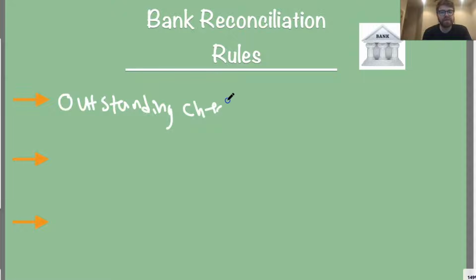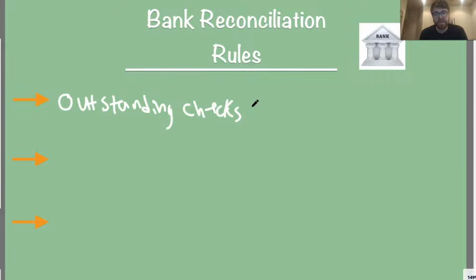Well, think about it like this. Think about the company issues a check, right? When you issue a check, your cash balance goes down. But the bank, they never got that memo. They're like, "Oh, I didn't know you sent a check out. We never got that, so we didn't reflect it on our side."